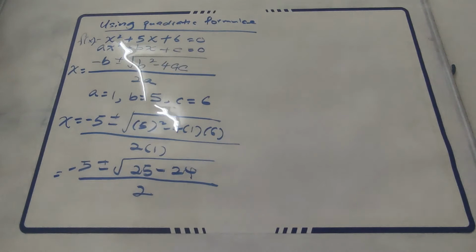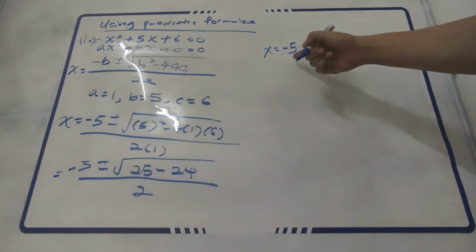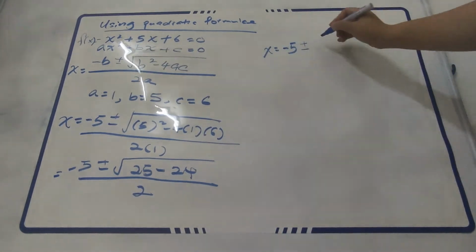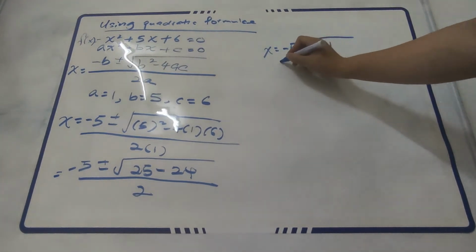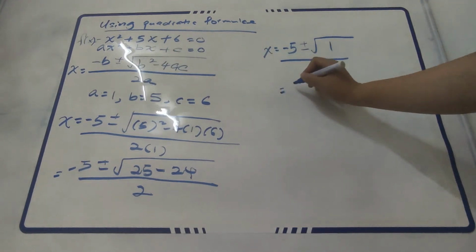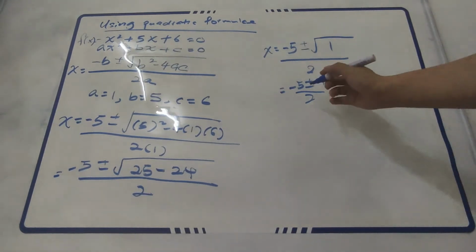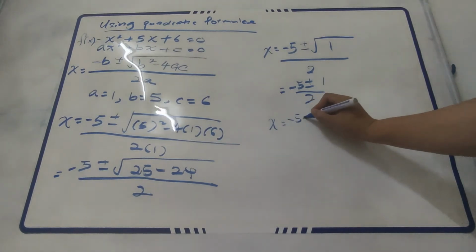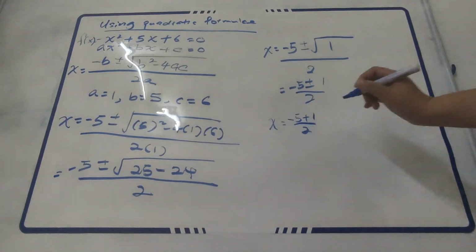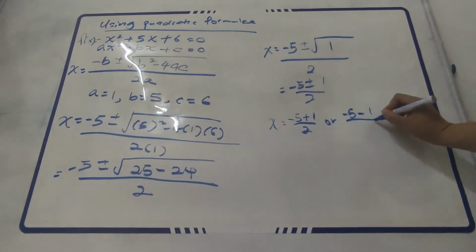And your x equals minus 5 plus or minus square root of 1, which means 1. And then divided by 2. So you can write it this way: x equals minus 5 plus 1 divided by 2, and minus 5 minus 1 divided by 2.